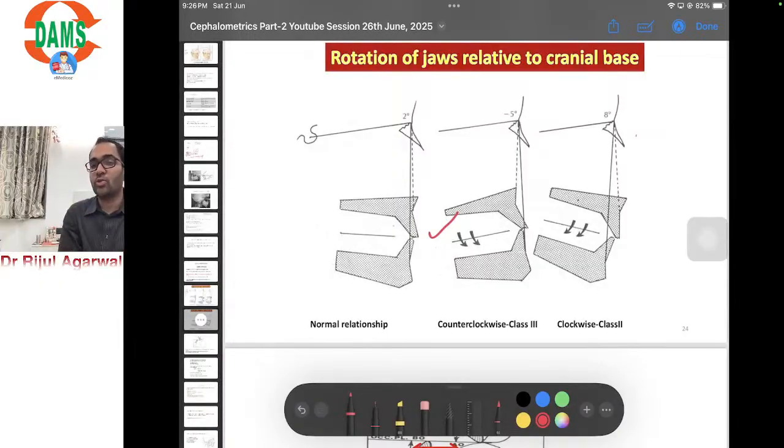The SN plane has rotated rearward, the bases have gone backward. So what will happen? For the same class 1 case, you can diagnose it as class 2 as well as class 3. And in ortho, if your diagnosis itself is wrong, your treatment plan and everything will go wrong. So the most important thing in orthodontics is diagnosing a case properly.